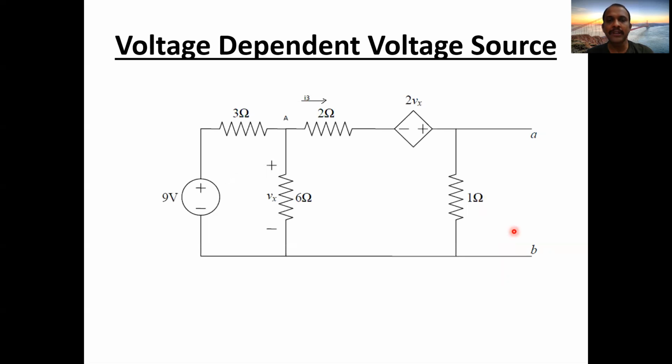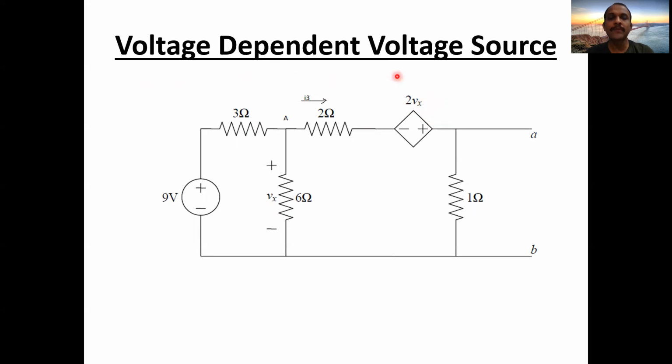I'll show you an example of a voltage dependent voltage source. In the circuit, you have one voltage dependent voltage source, which is 2 times Vx, a rhombus or diamond-shaped symbol with plus and minus. We have to find where Vx is. Vx is the voltage drop across 6 ohms. So this source provides 2 times the voltage drop across 6 ohms.